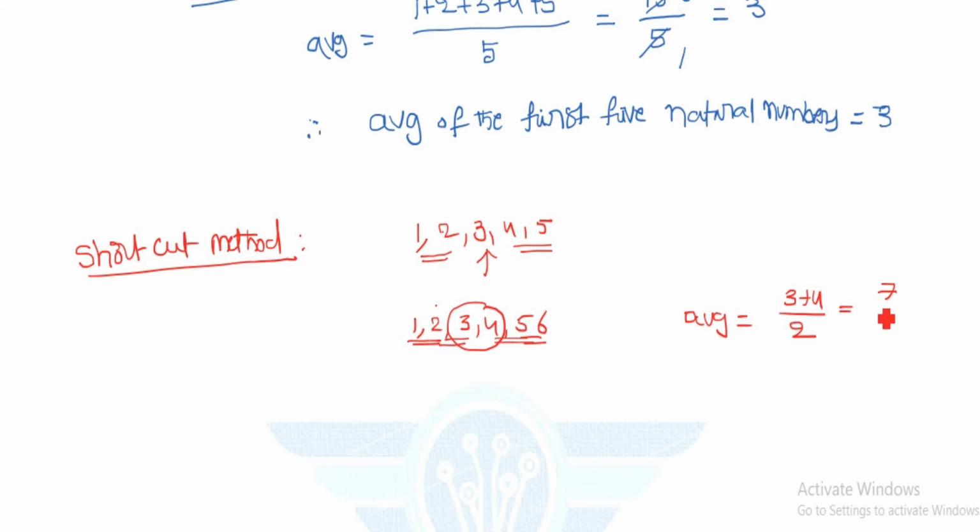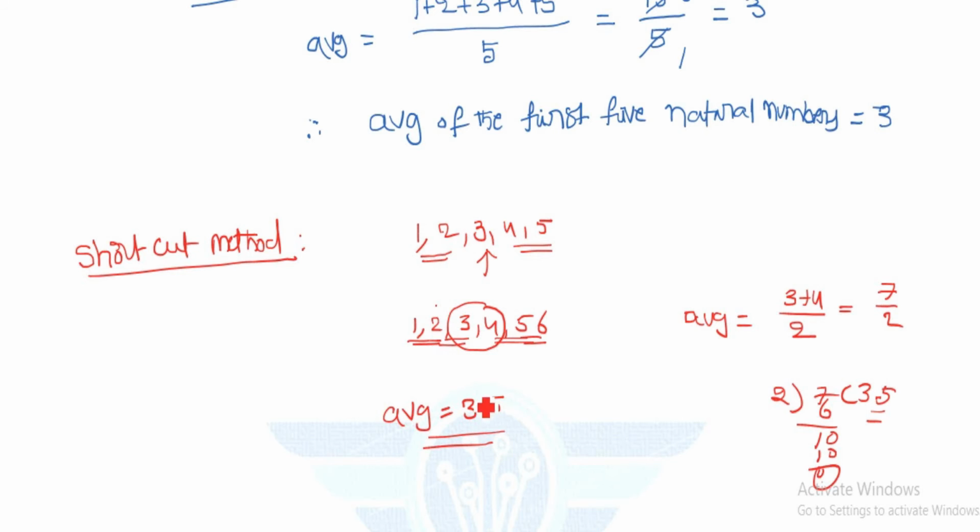Sum the numerator, 7 by 2. So 7 by 2 is 3.5. 2 3s are 6, remainder 1, 10, 2 5s are 10. Therefore, 3.5 is the average. Average is equal to 3.5.